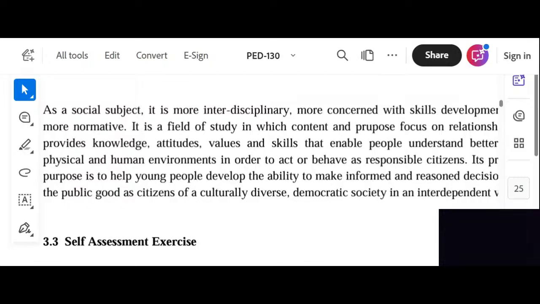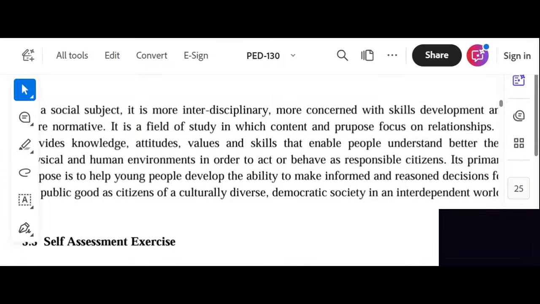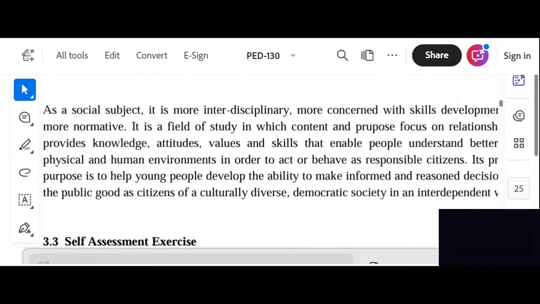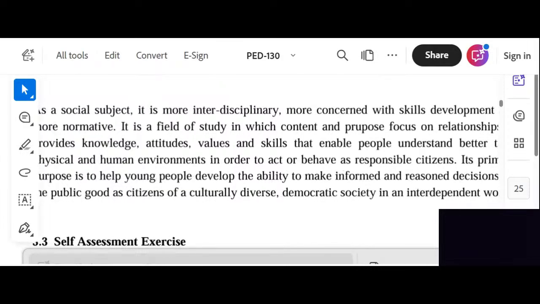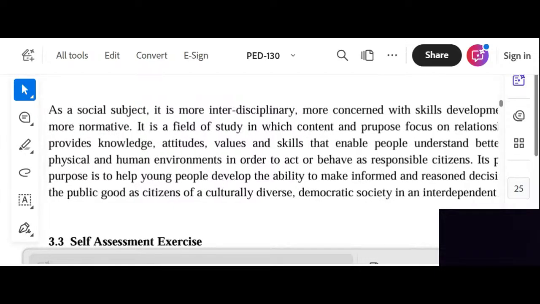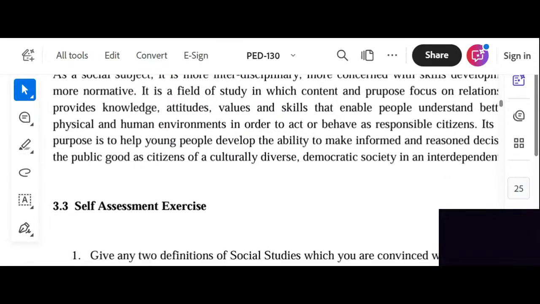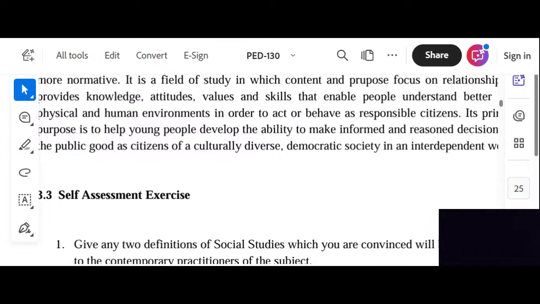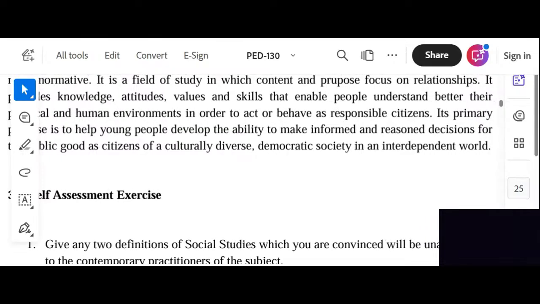So as a social subject, it is more interdisciplinary, more concerned with skills development, and more normative. It is a field of study in which content and purpose focus on relationships. It provides knowledge, attitude, values, and skills that enable people understand better their physical and human environment in order to act or behave as responsible citizens.